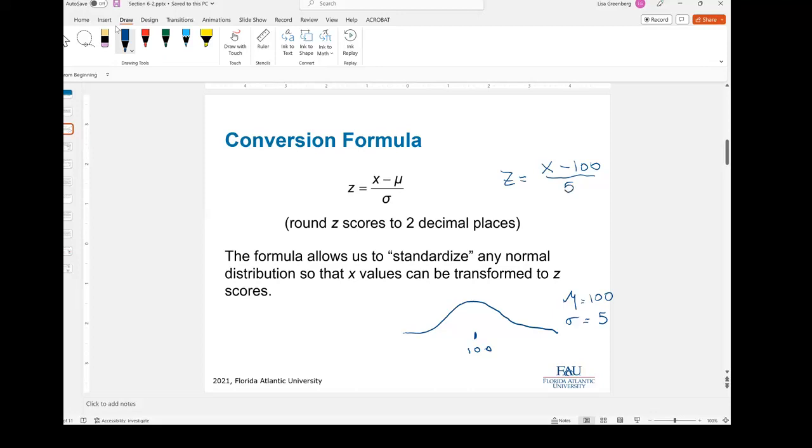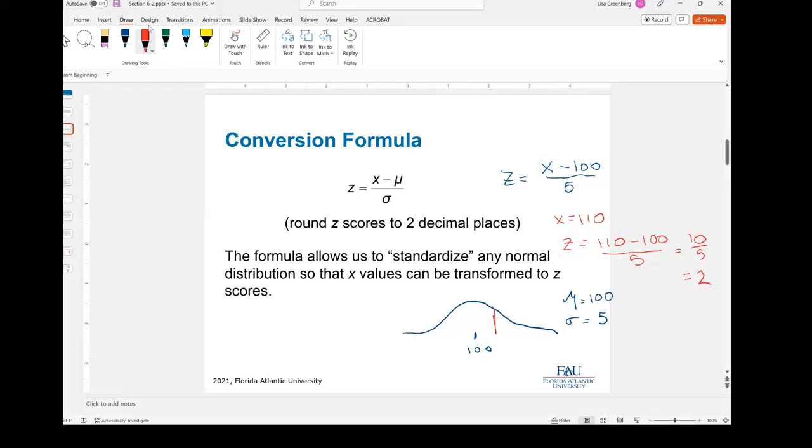So let's say I want to find the probability that X is less than, let's make X equal 110. And the problem will state what X is. So we would have Z equals 110 minus 100 divided by 5, which is 10 over 5, which is 2.